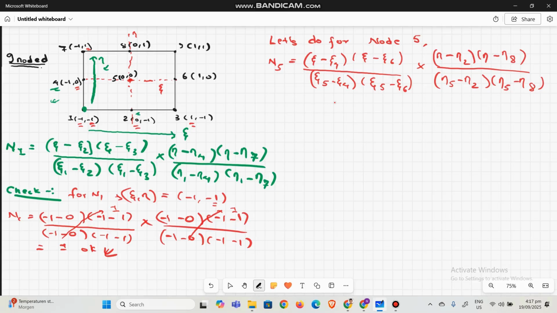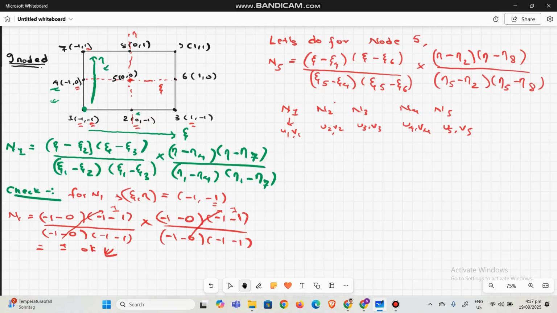Following this method, you can find all the shape functions n1, n2, n3, n4, n5. For each node you will have the displacement values u and v, let's say u1 v1, u2 v2, u3 v3, u4 v4, u5 v5, where u is the horizontal displacement and v is the vertical one.